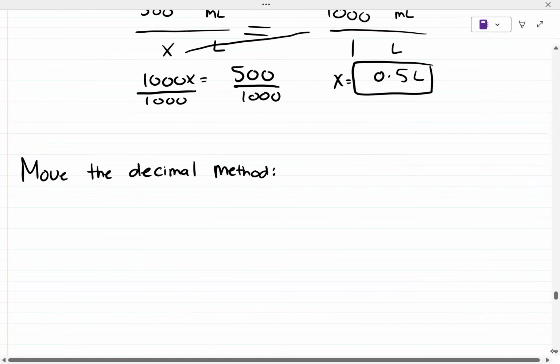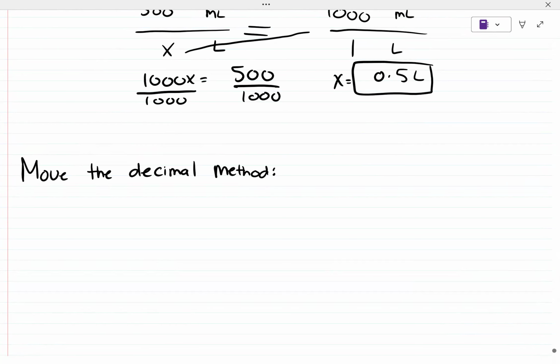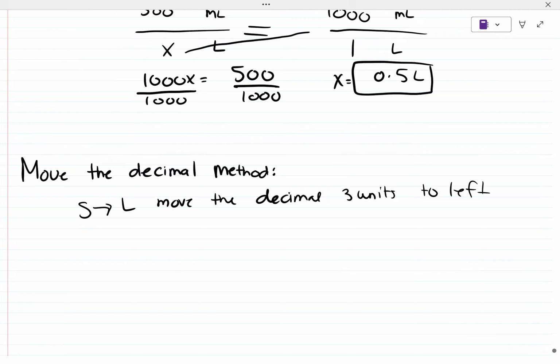I need to move the decimal place. So we were given milliliters to liters, so we are technically going from a small to a large. We got to move the decimal 3 units to the left.